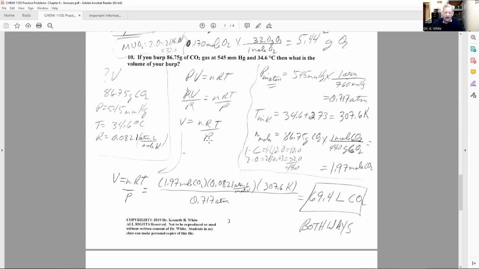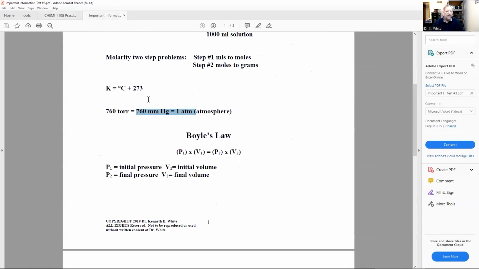So we now have the pressure for putting into nRT divided by P. We need the temperature. That has to be in Kelvin. Oh no, we've got that in degrees C. And remember, from important information, test number 3, you are given degrees C plus 273 equals Kelvin.